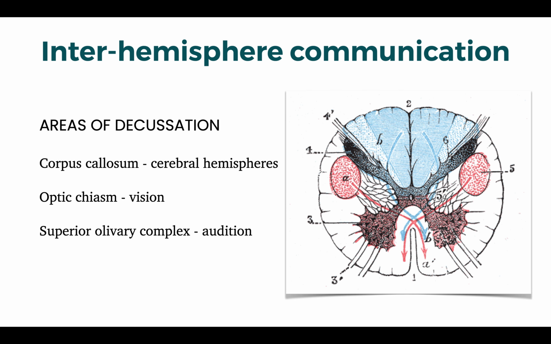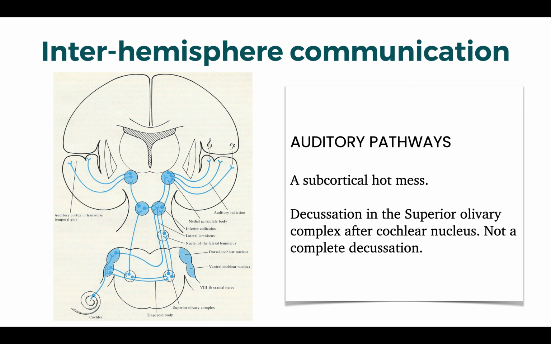Next, we have decussation in audition, and this looks all crazy and complicated because it is. Auditory pathways are kind of like subcortical craziness. So here's the cochlea, a structure in the ear, and then these synapse on structures in the auditory pathway. I think this is the primary auditory nucleus. Oh no, cochlear nuclei. All right, I swear I know what I'm talking about.